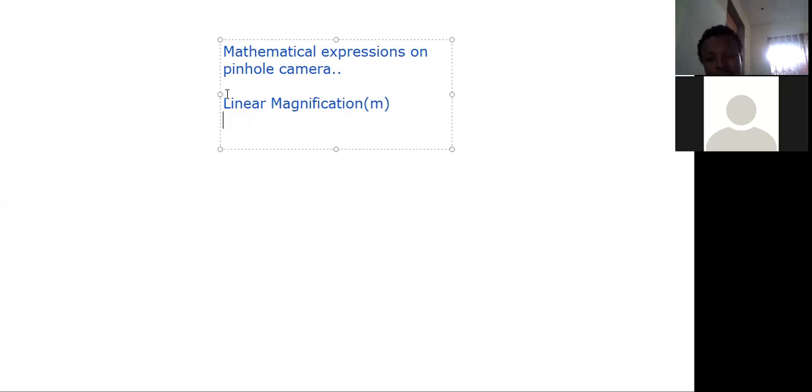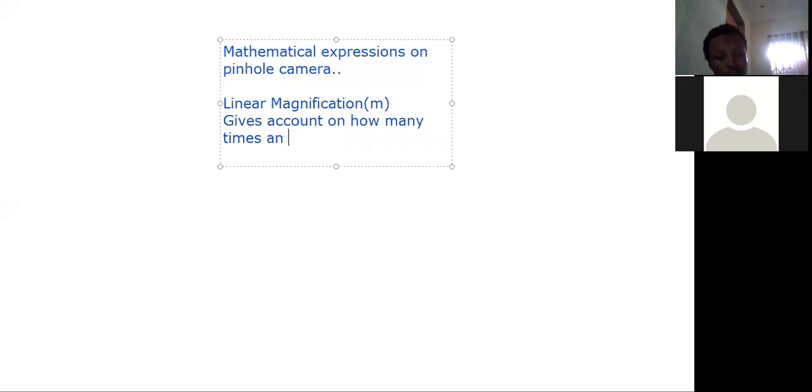So the linear magnification gives an account of how many times an image is bigger than the object.